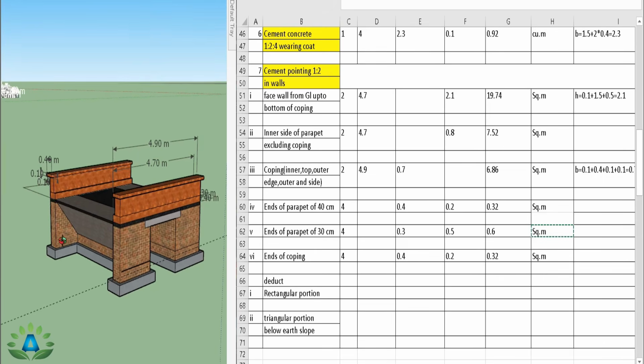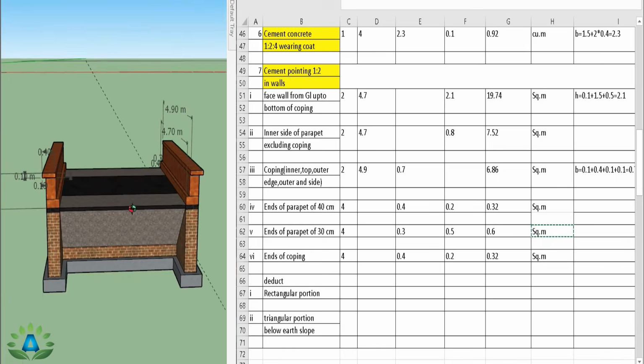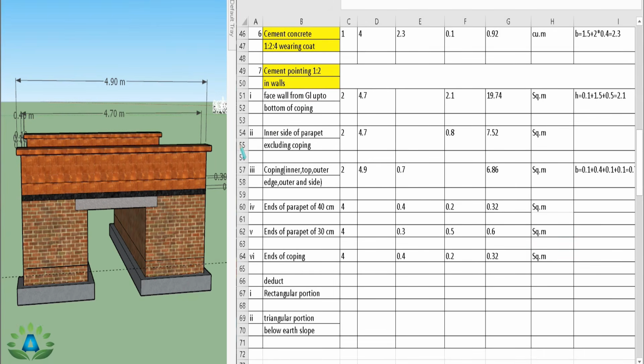Now while doing this, we have not considered this small rectangular portion, so we have to deduct these portions, because while calculating this portion we have calculated all these portions like this, but we have to reduce this small portion from one side and another rectangular portion from another side.